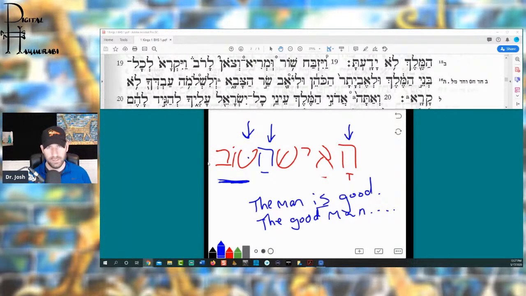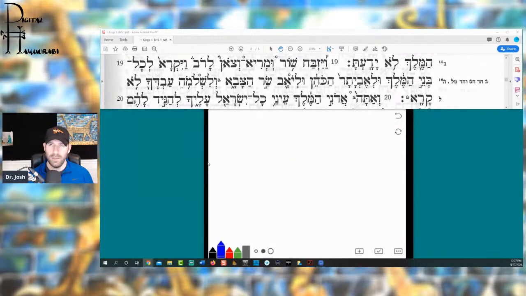So ha'ish hatov would be the good man, something. However, if there is no article here, that means it's the man is good. The active participle often acts in the same way as an adjective. So ha'ish shomer, that's a terrible looking.